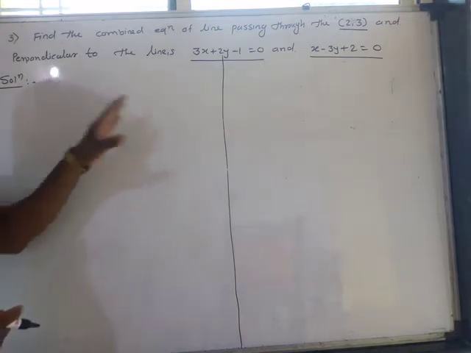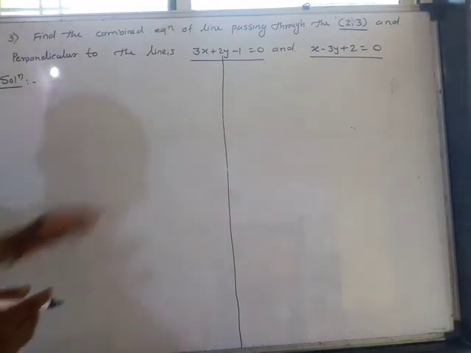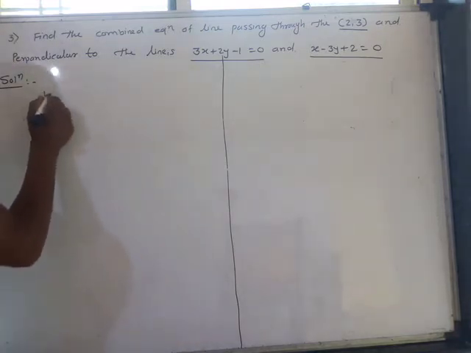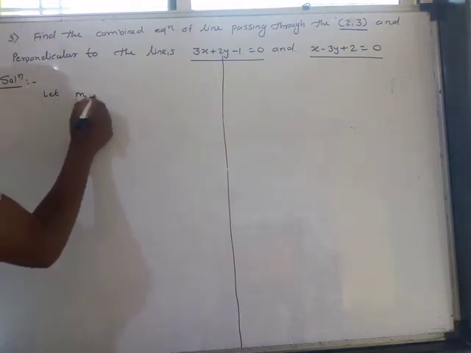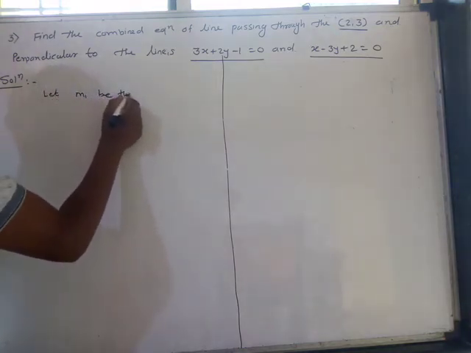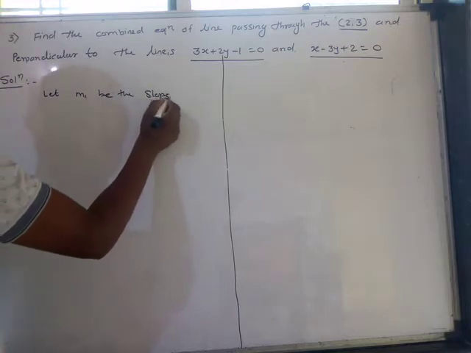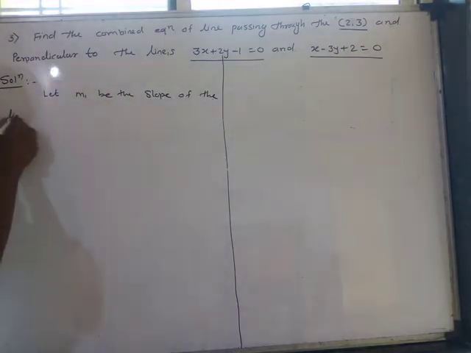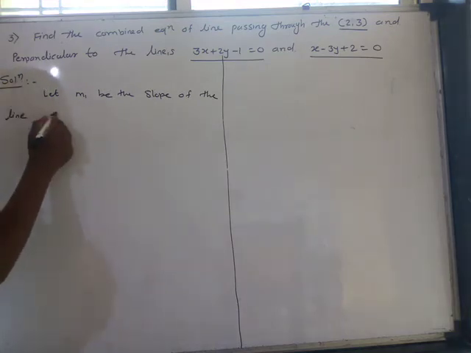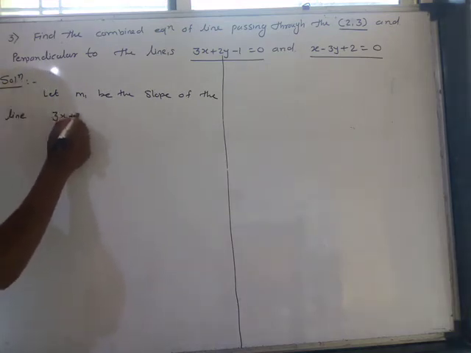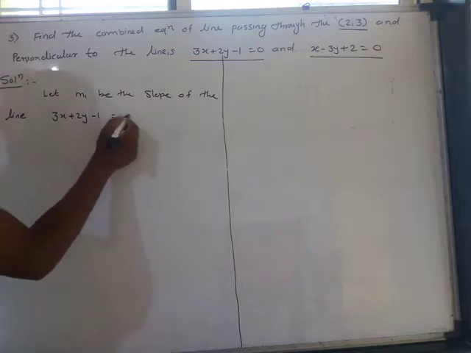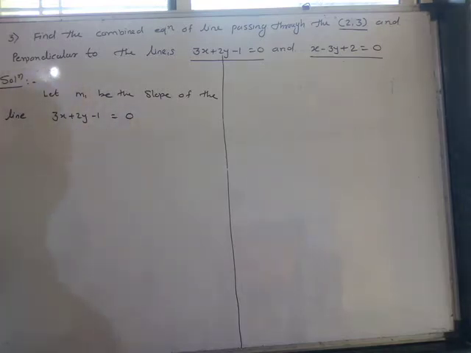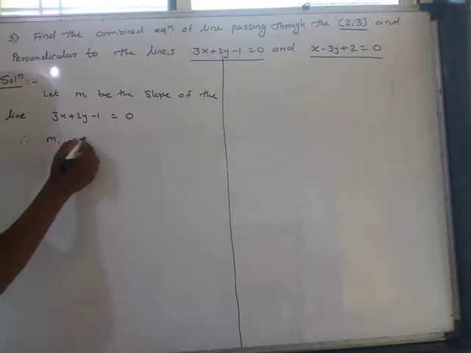So to find the equation of those lines, let m1 be the slope of the line 3x plus 2y minus 1 is equal to 0. Therefore m1 is equal to minus 3 upon 2.